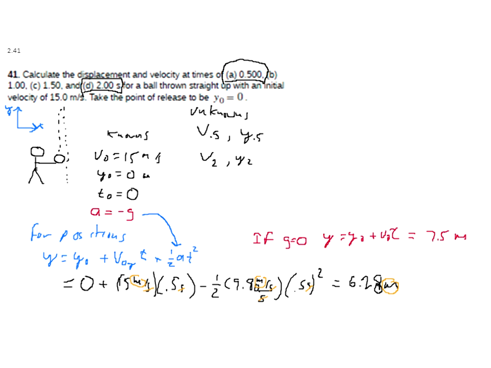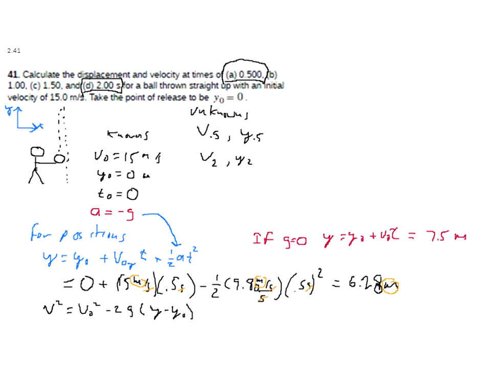And for velocity, I'll just write down the equation that we're going to use. So for velocity, v squared equals v0 squared minus 2 times g times (y minus y0).